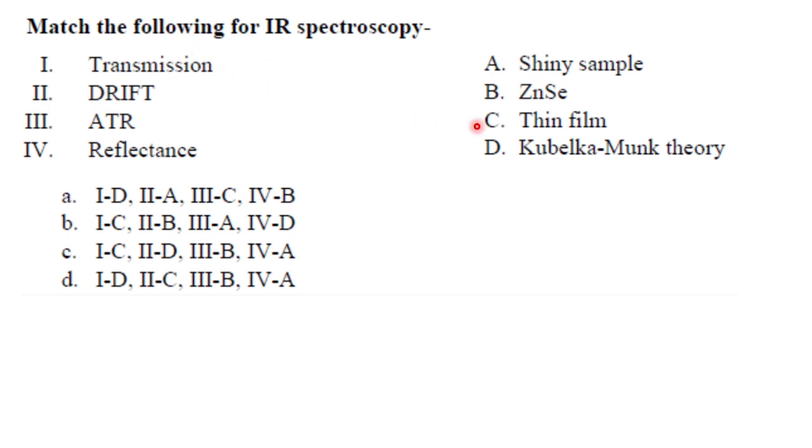Transmission is related to thin film, because only through a thin film can the radiation go through, and we can take the transmitted radiation. Now drift is related to the Kubelka-Munk theory.